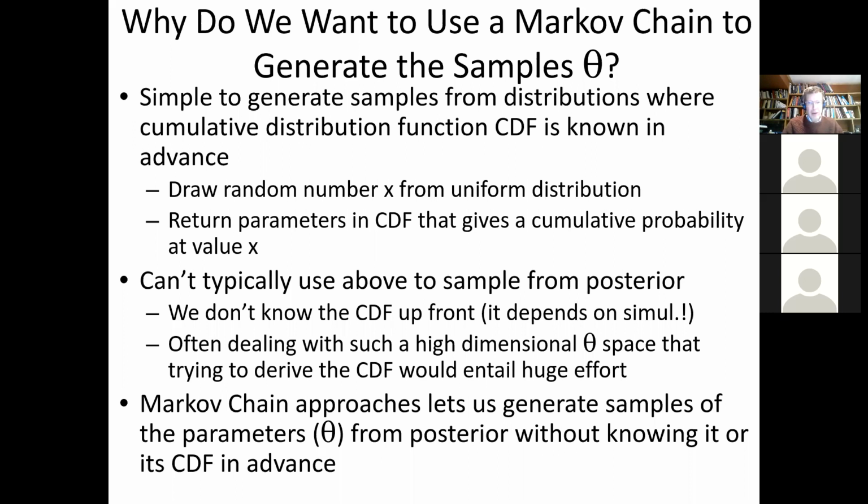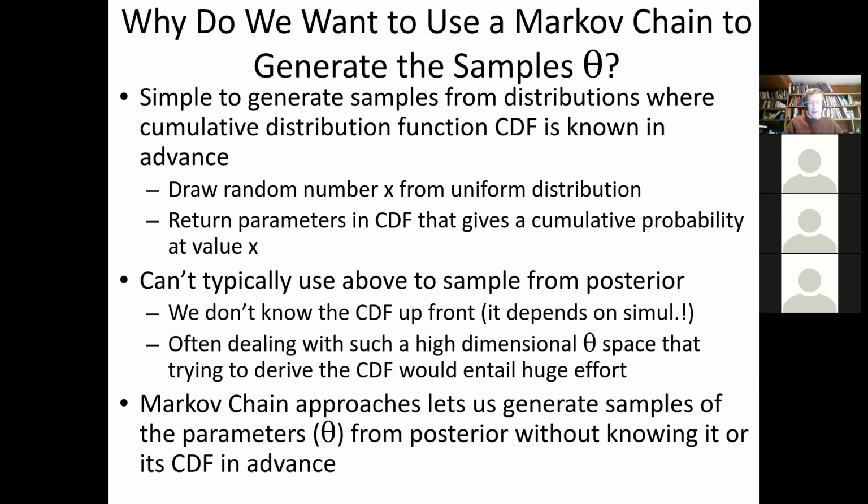Now, again, you may say, oh, really? Can that be that difficult? Well, if you think about it, generating random numbers, most of the time we rely on a computer to do it, so it's kind of hidden from us. But if a cumulative distribution function is known in advance, we can draw a value from a distribution pretty easily. But if all we can do is evaluate the posterior at a given point, we don't know the cumulative distribution function.